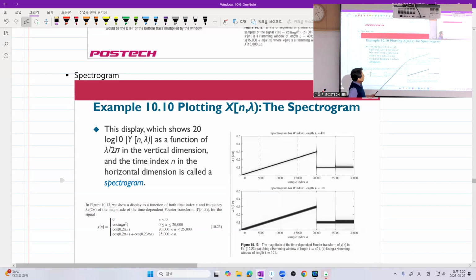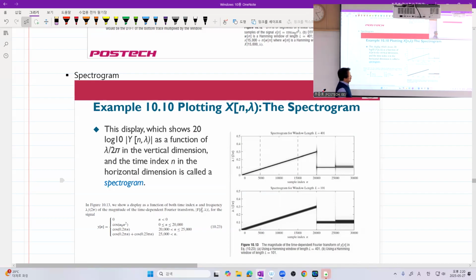So here we have linearly increasing frequency, a single tone, and double tones. By properly modifying the window length and window shape, we may have worse resolution here. See that? We have these two tones almost overlapped, right?